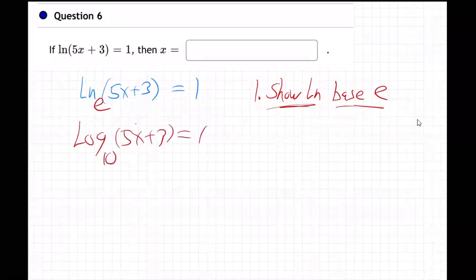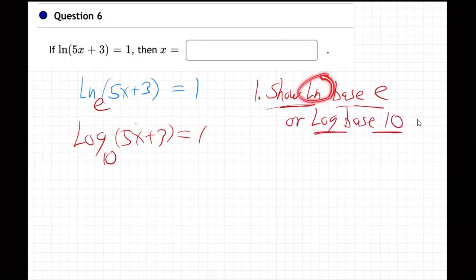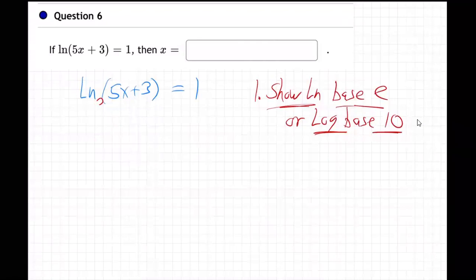Then that would be a base of 10. If the log is not showing its base, if it's an ln, the base is e. If it's a regular log, not ln, the base is 10. Those are the two invisible understood bases.